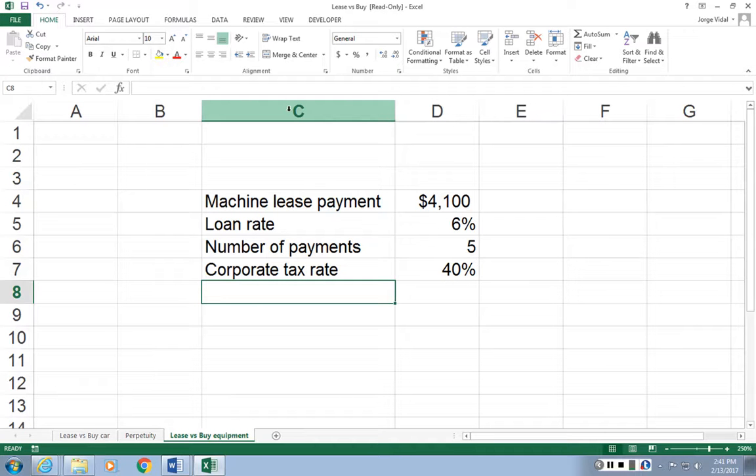Have you seen that in all these books, finance books? They always use 40% for the tax rate of companies. Why 40 and not another number? What is the highest tax rate for companies in the U.S.? It's not 40. It's how much? It's 35%. So the other 5 points, those are state taxes.